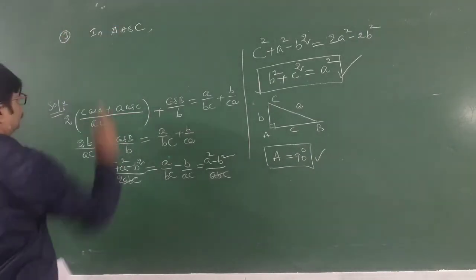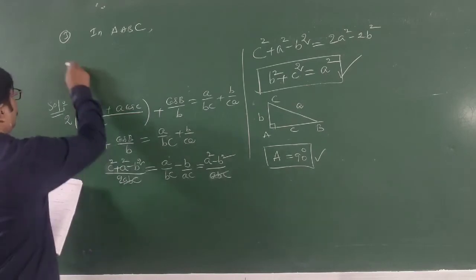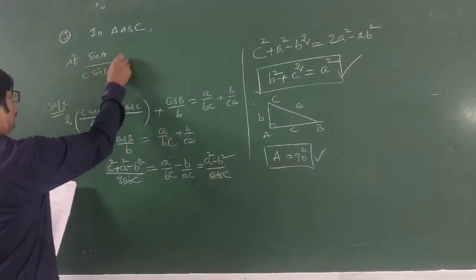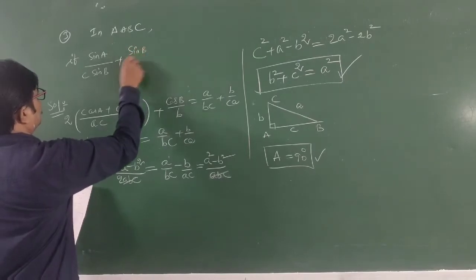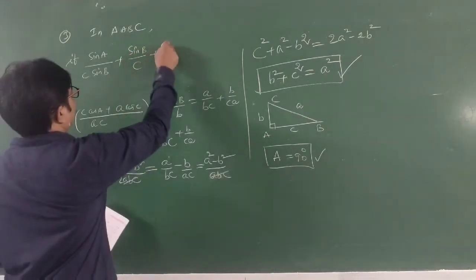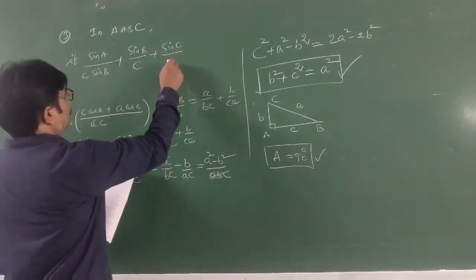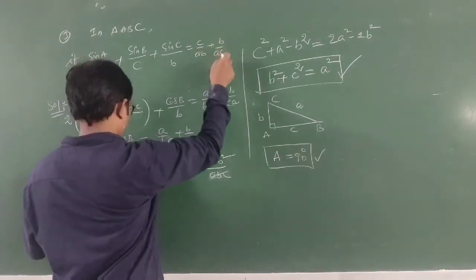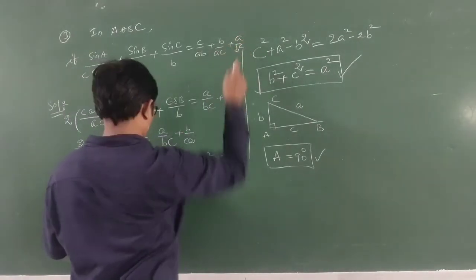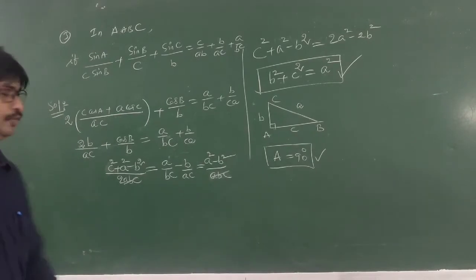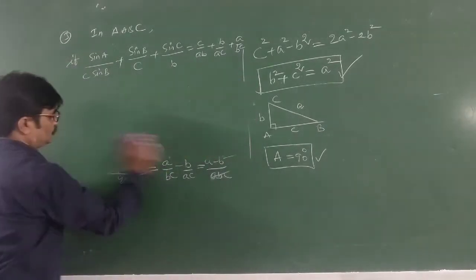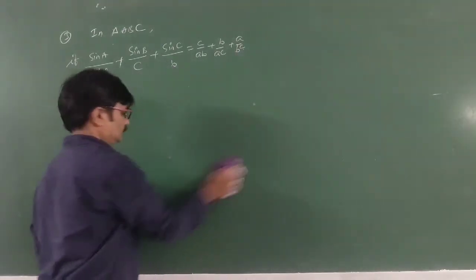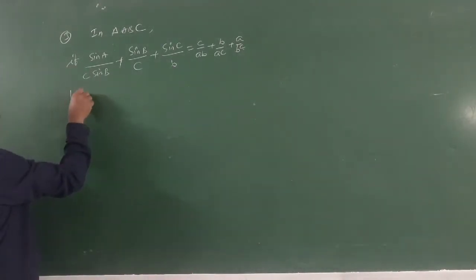In a triangle ABC, if sin A upon c sin B, after that sin B by small c, then sin C by small b equal to c by AB, b by AC, a by BC, then find the angle A. So my dear students, right now we have to find the angle A.